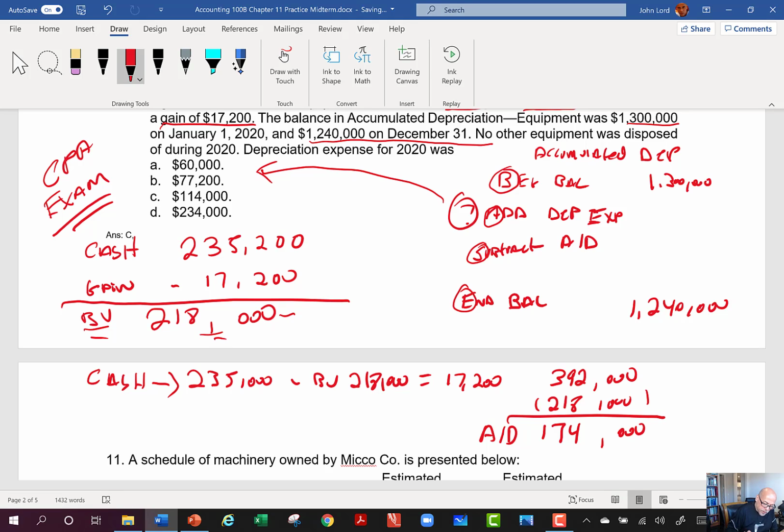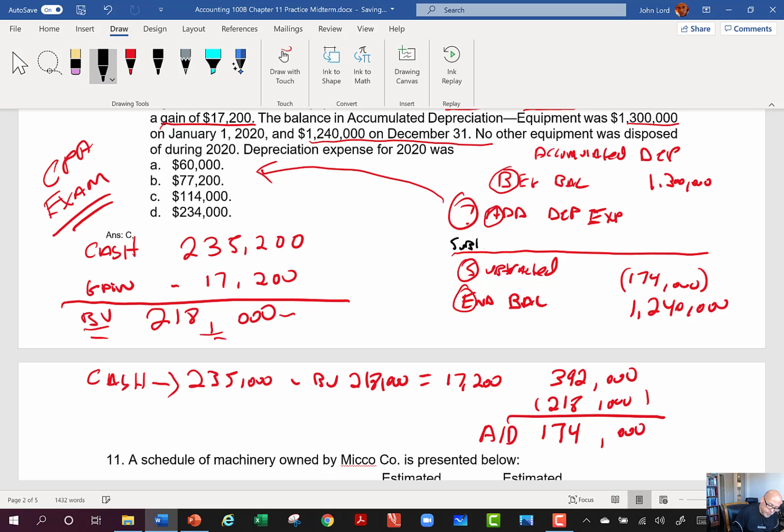Okay, so now I know my S in BASE, the subtract. I subtracted $174,000 to get to $1,240,000. What I like to do in a question like this is give myself a little subtotal. So I do a little side calculation.